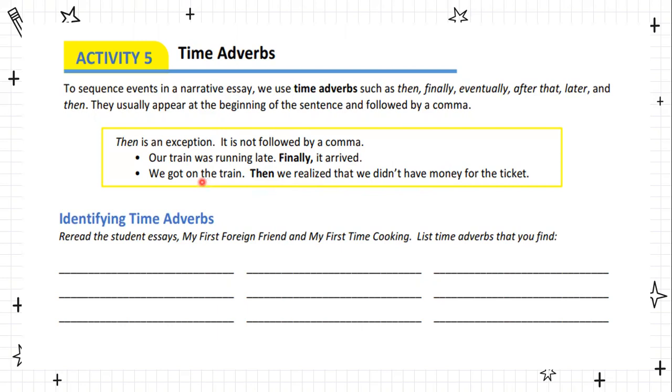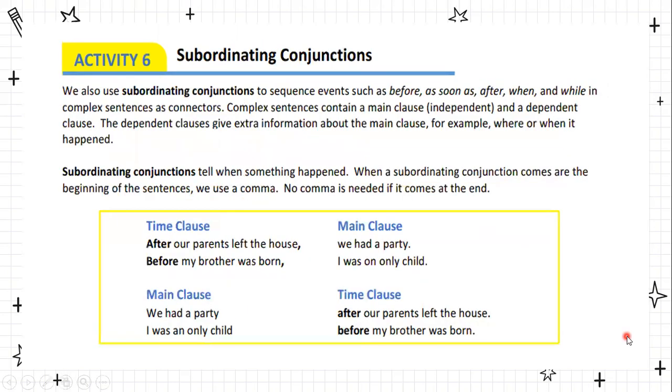Now, you have to do the following. You have to go to the 2 stories, okay? And find adverbs like finally, then, eventually, and write them on the line. You really have to practice this also because you will be using the time adverbs in your essay.